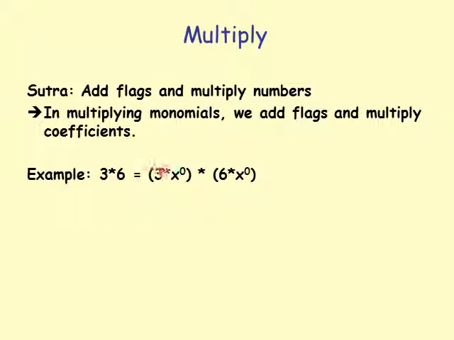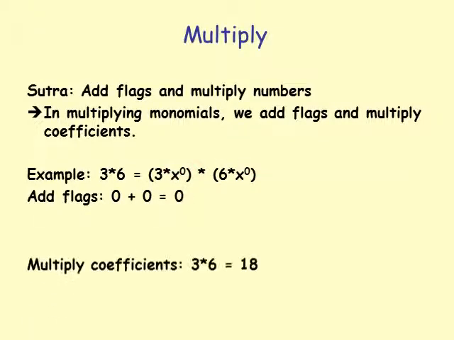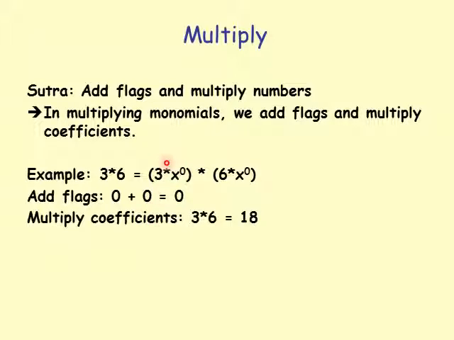Okay, let's look at an example from the number math: 3 times 6. This 3 is actually equal to 3 times 1, which is the 0th power of x. Same thing, 6 is 6 times 1, and 1 is the 0th power of x. Now if I add flag values, 0 plus 0 is 0. Multiply coefficients: 3 times 6 is 18.